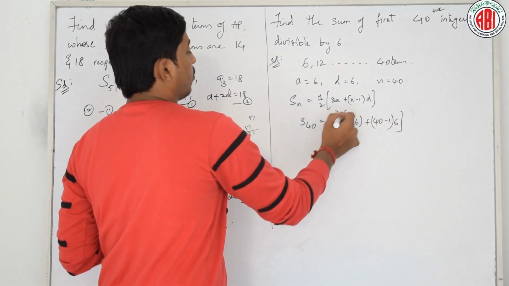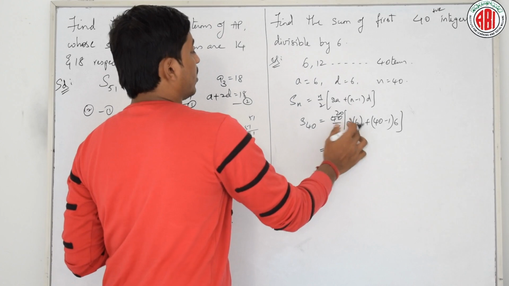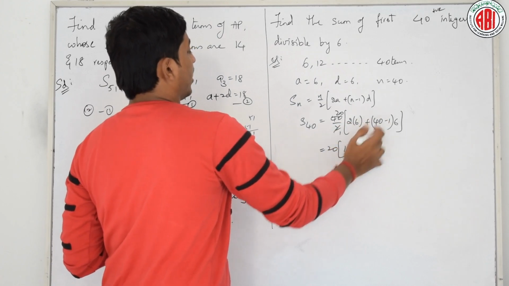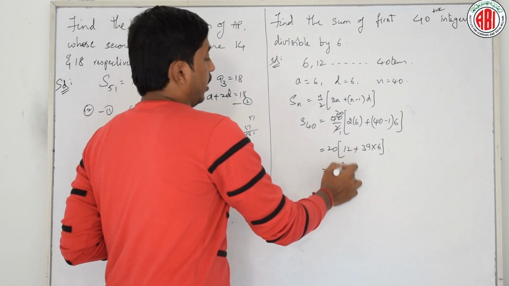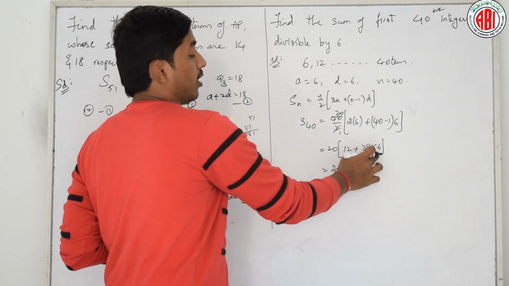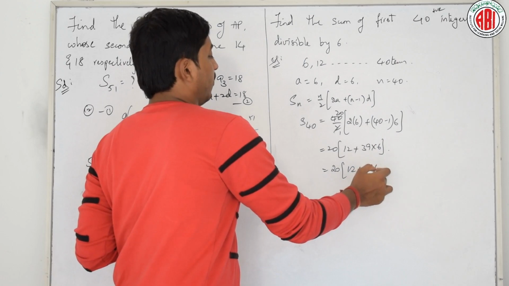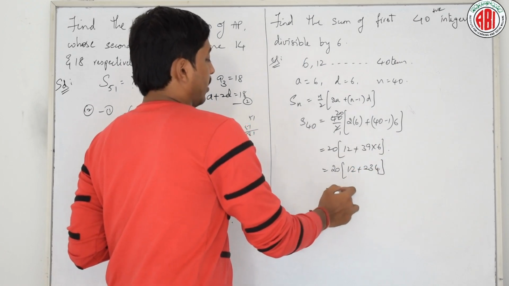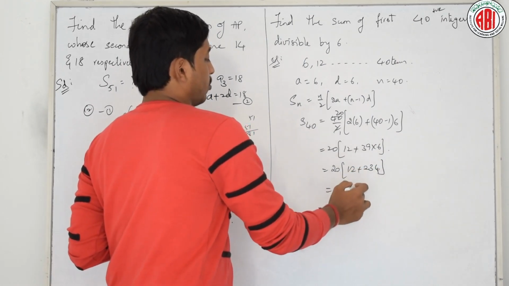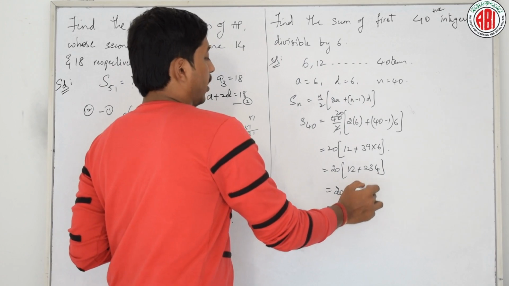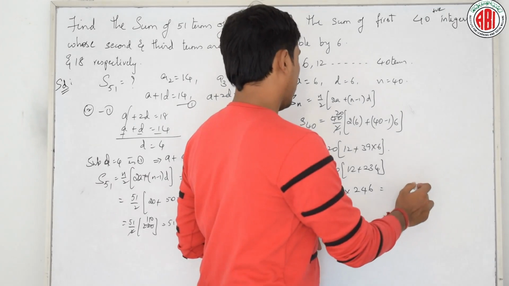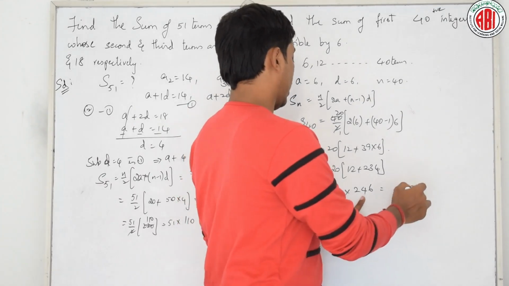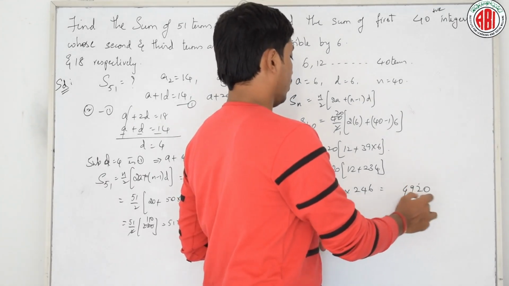That is 20 into 12 plus 39 into 6. 39 into 6 is 234. Now add 20 into 12, that is 240, plus 234 is 474? Double it. 6 2s are 12, 4 2s are 8, 9 2s are 4, 9 2 0.